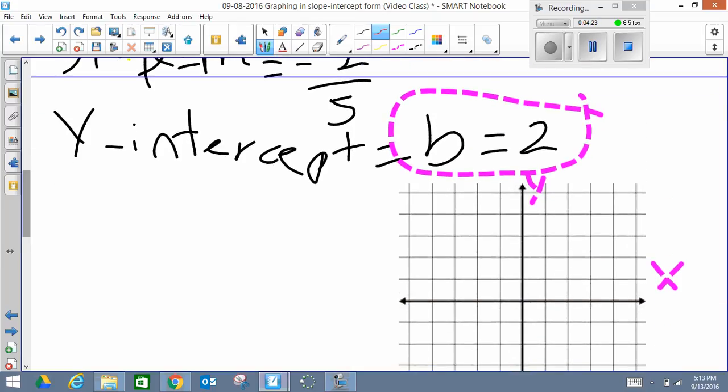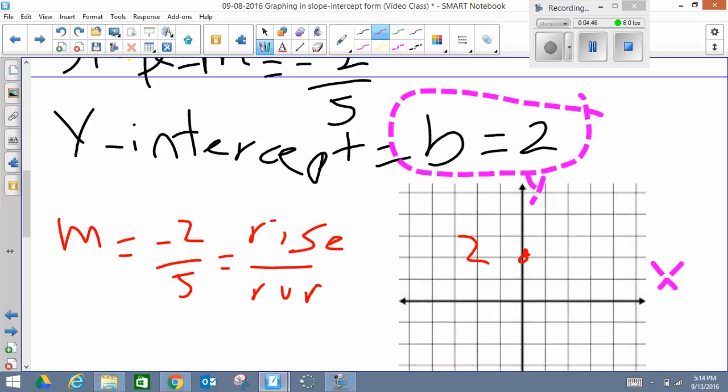I'm going to go from the origin, which is here, 1, 2 up, right there, and that's your y-intercept. And from there, I'm going to get my slope. My slope is negative 2 over 5. And remember, slope is rise over run.